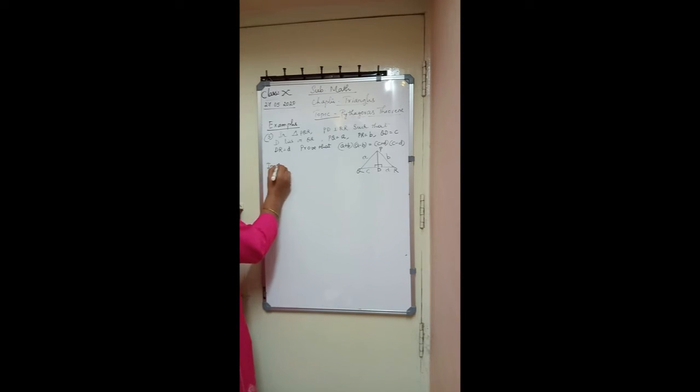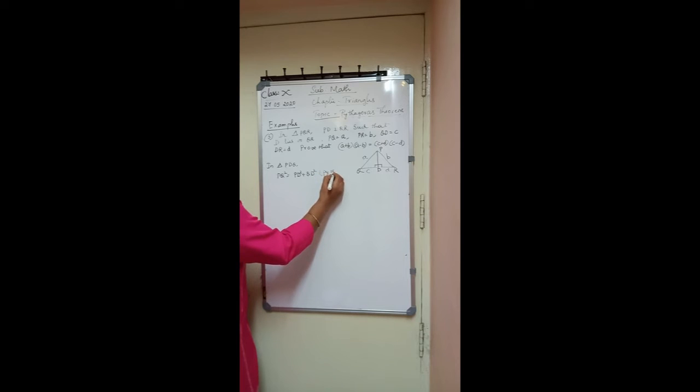Now in triangle PDQ, PQ square equals PD square plus QD square, Pythagoras theorem. What is PQ square? a square equals PD square plus c square. So a square minus c square equals PD square.